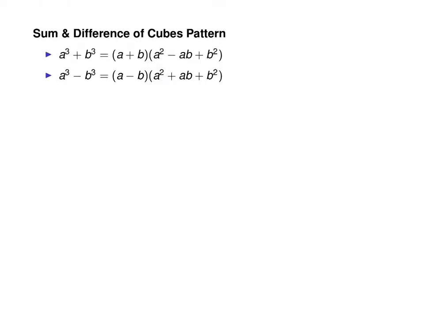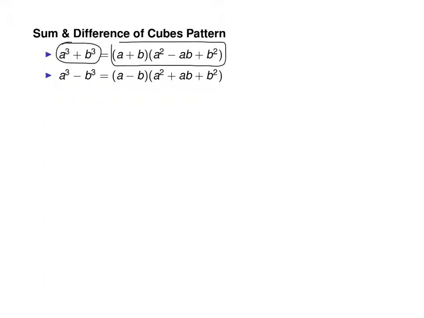Now another pattern that is pretty tricky, and there are two of them, is called the sum and difference of cubes pattern. So this says if you have something cubed plus something cubed, it factors into the cube root of the first something plus the cube root of the second something, that's the a and b, times a squared minus ab plus b squared. It's really easy to show this is true, just distribute.